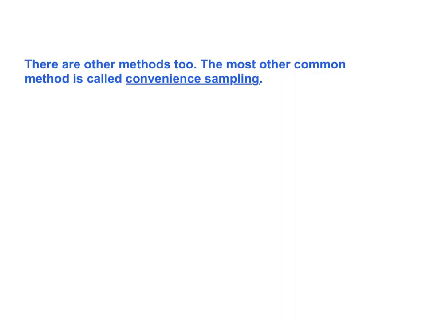Okay, and again, convenience sampling is something that we were just talking about a little bit. Sometimes it can be known as cluster sampling. It depends on the exact circumstances. Okay. And again, convenient sampling is something that's convenient for the researcher.